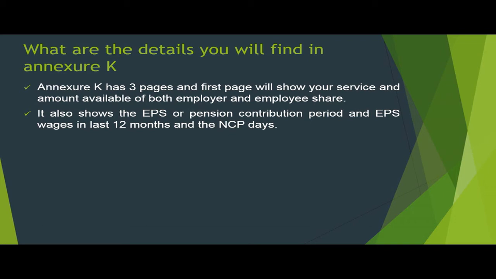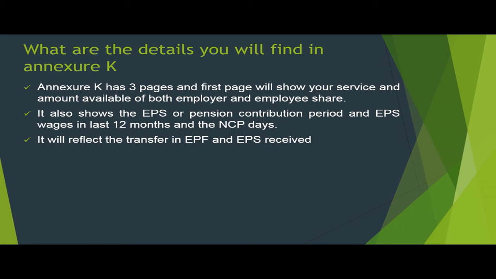Note that it is only the contribution period which will reflect here and not the actual amount. NCP days means the non-contribution period days, which will also be available in the Annexure K.